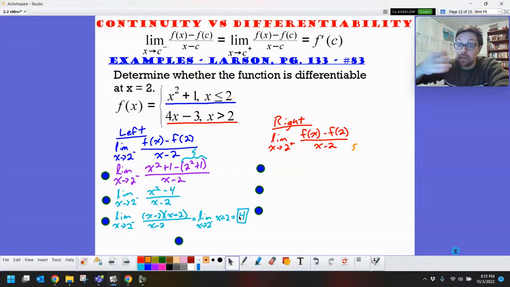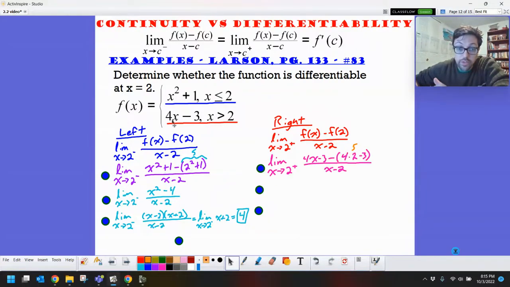What is the limit of our slopes as we come in from the right? Well, to come in from the right, we want the values that are bigger than 2. So we use this bottom piece of 4x minus 3, and then we plug in our 2 again, and this ends up being 5. Simplifying that numerator, we get 4x minus 8.